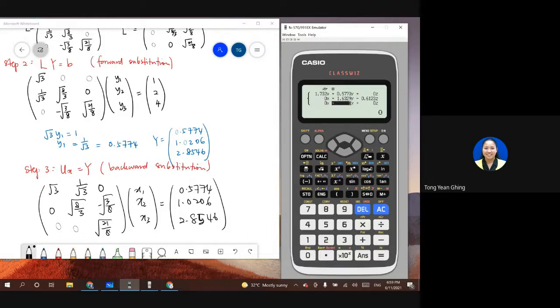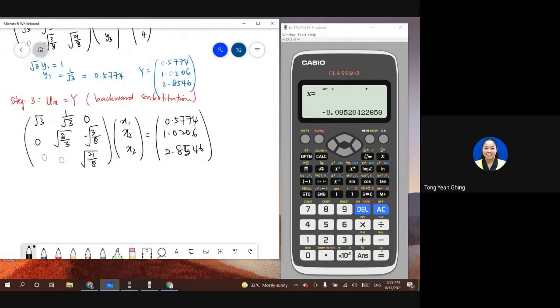And then 0, 0, square root of 21 over 8, and then 2.8546. Okay, and then you'll get x equal to negative 0.0952, and then 1.2857, 1.7619. So this is the solution.